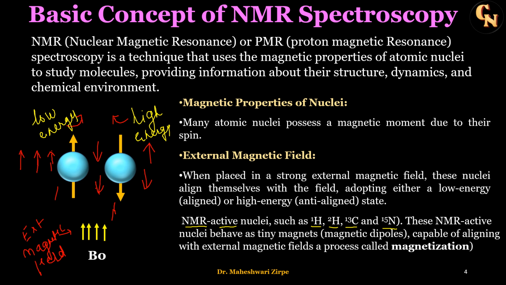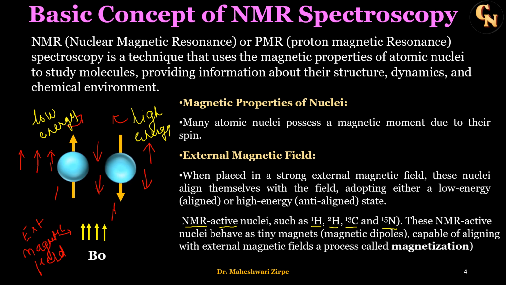They behave like a tiny magnet, capable of aligning with the external magnetic field, and this process is called magnetization. So only those nuclei which align themselves in the external magnetic field, or can produce magnetization, are active nuclei and can show signals in NMR spectroscopy. Those are proton, deuterium, carbon 13, nitrogen 15, and so on.